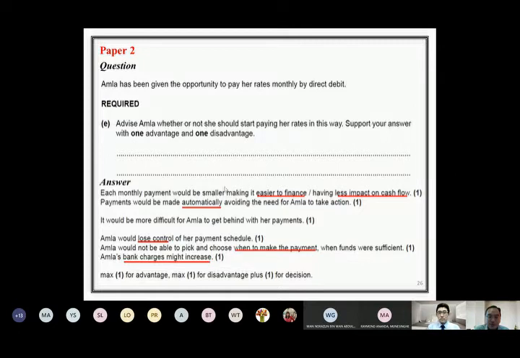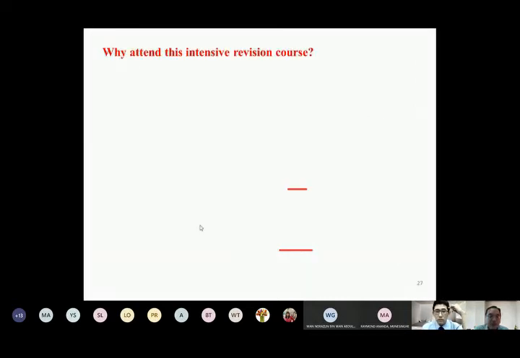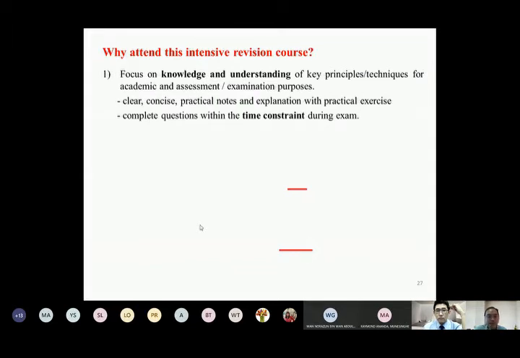For example, easier to finance, less impact on cash flow, payment will be made automatically, and also disadvantages. Also, you do some evaluation, pros and cons: you lose control when you make the payment, and there could be bank charges.